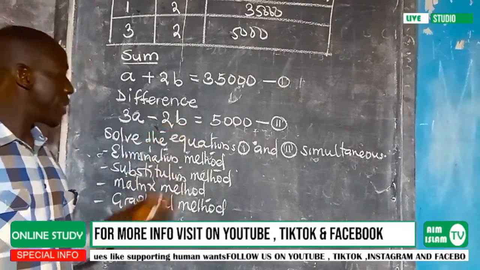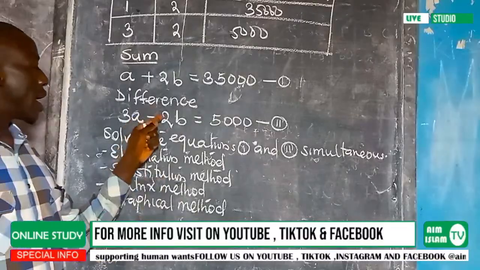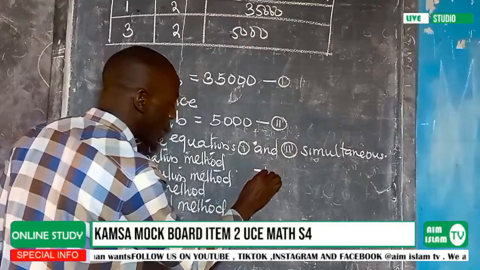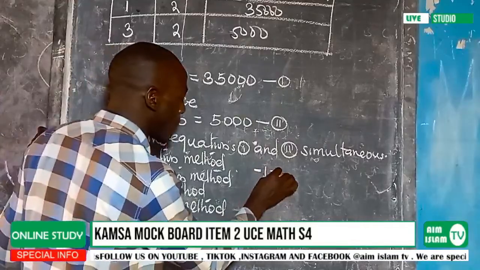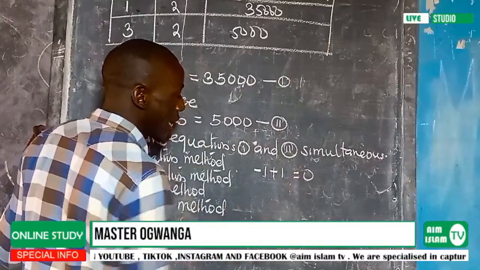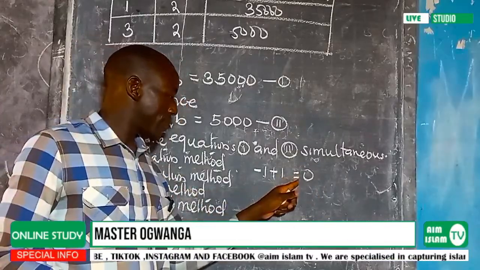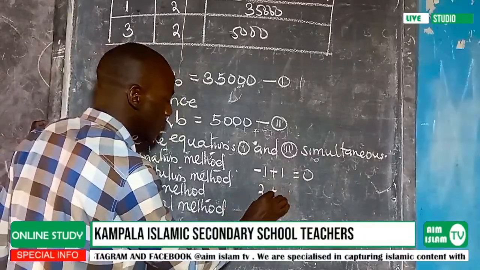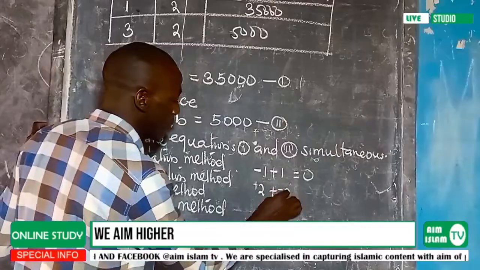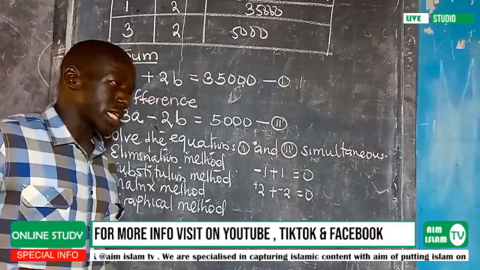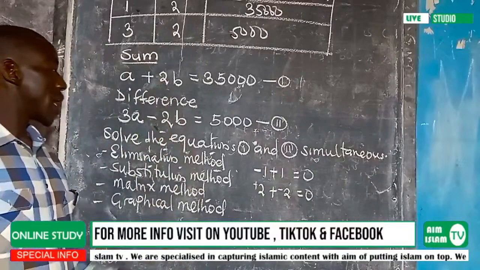Let us say we have a number -1. If I add a 1, you realize that the answer always becomes 0. The same thing applies if I have a positive 2 plus a -2. Our answer still remains 0.